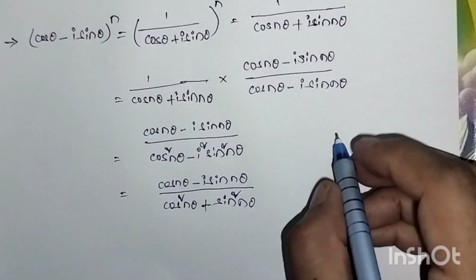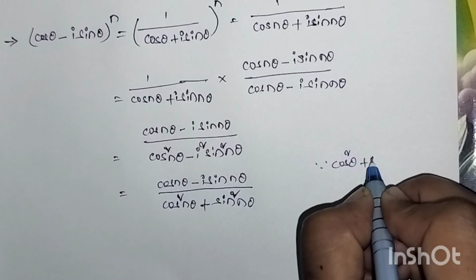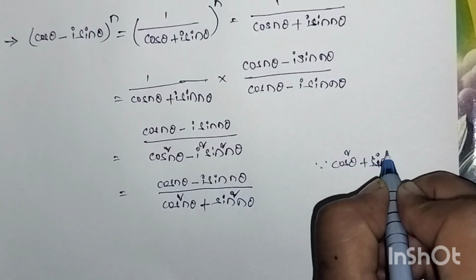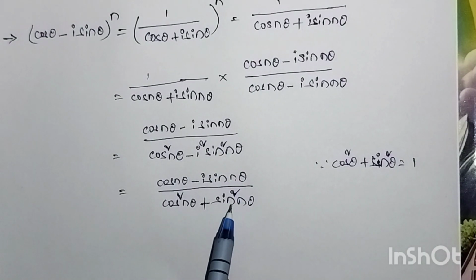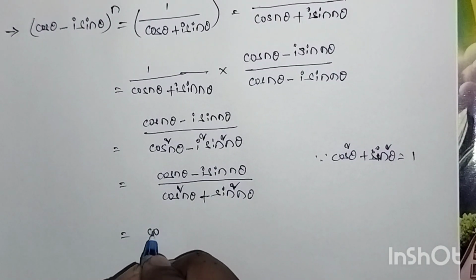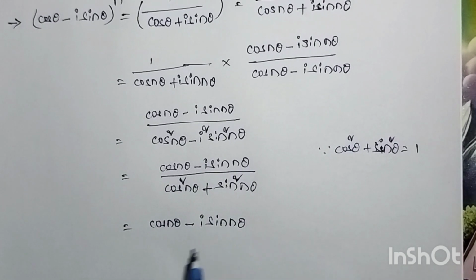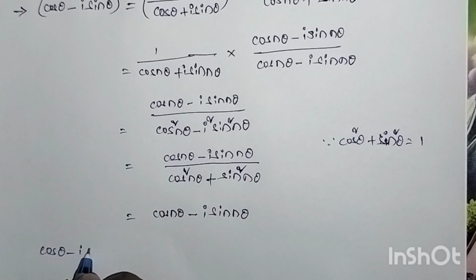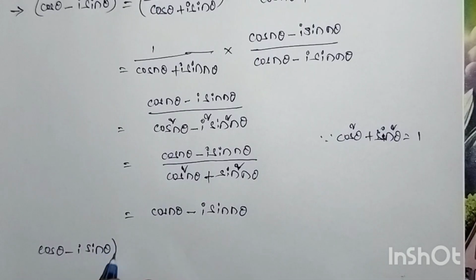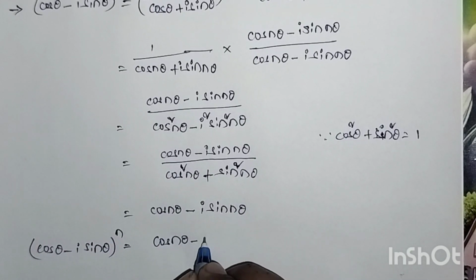We know the trigonometric identity cos square theta plus sin square theta is equal to 1. So cos square n theta plus sin square n theta is 1. Remaining term: cos n theta minus i sin n theta. So (cos theta minus i sin theta) whole to the power n equals cos n theta minus i sin n theta.